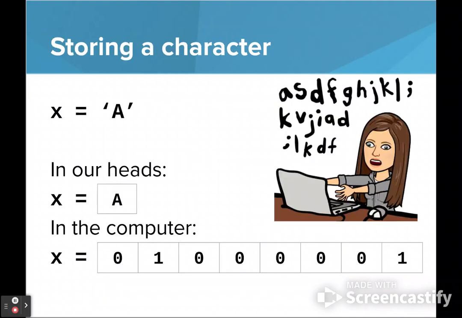On the computer, when we're using characters, so the different letters, your entire keyboard is made up of characters. The capital A, in our heads, we're thinking, oh, we're just hitting a capital A. But the computer is actually reading it as 01000001.